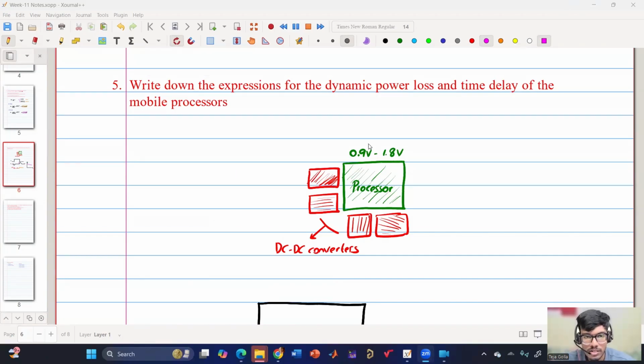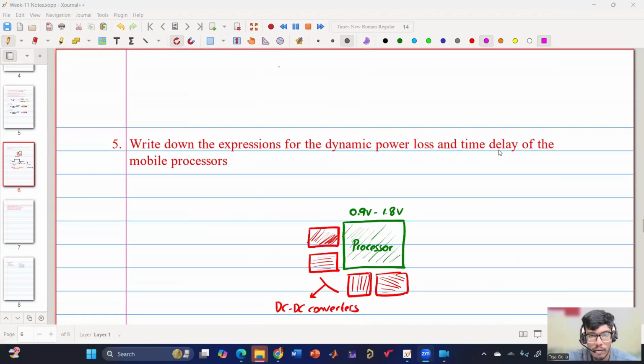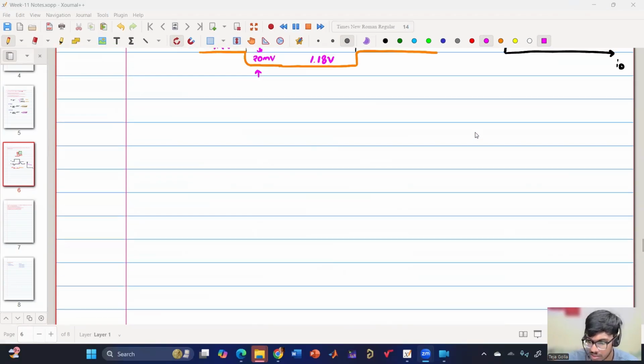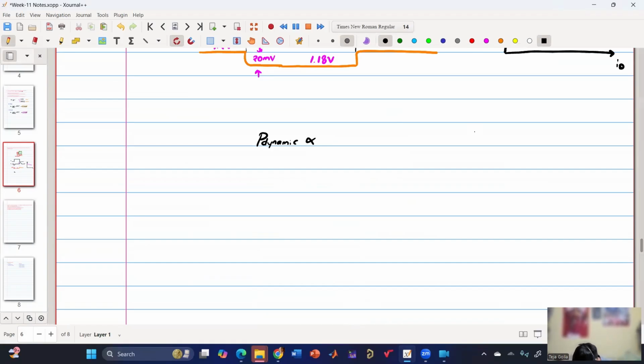So sir has mentioned a few aspects regarding the power loss as well as time delay. So I'm just mentioning them down. So the dynamic power, P dynamic, is proportional to the VDD, the voltage at which the processor is operating, square, and then proportional to switching frequency.